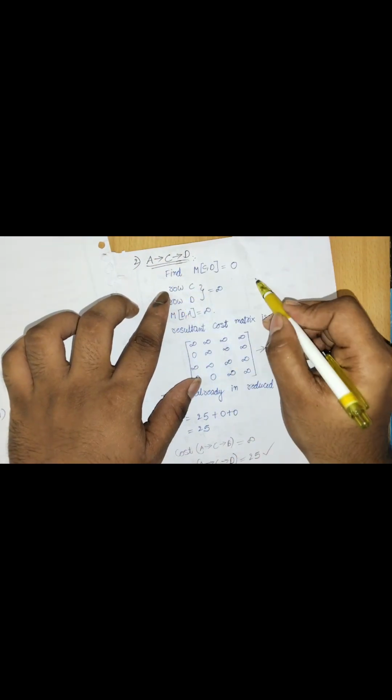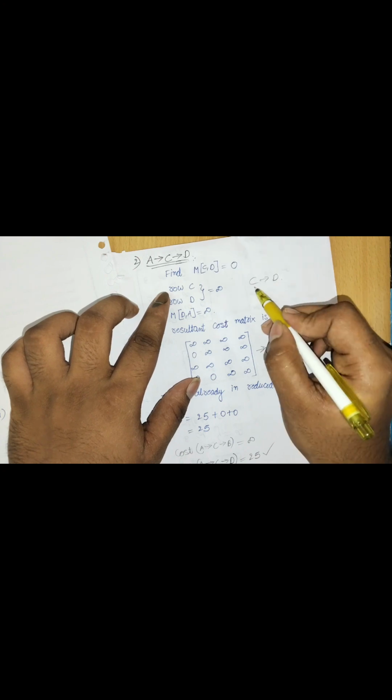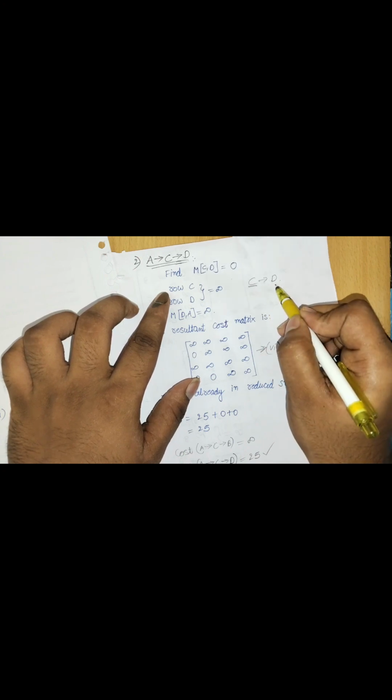We are visiting C to D, right? Replace row C with infinity and column D with infinity, and you can't go back to A from D. So D to A should be infinity.